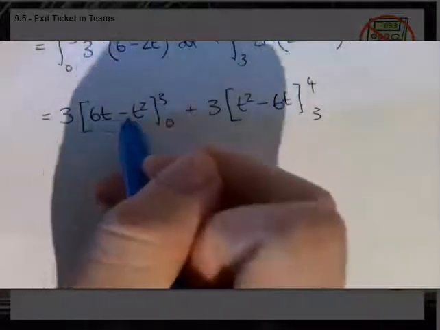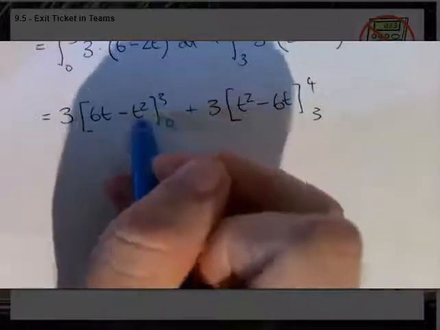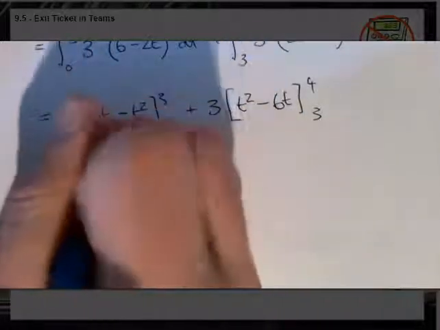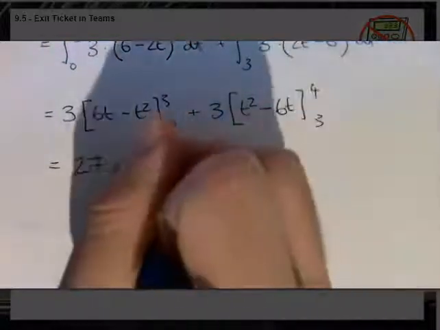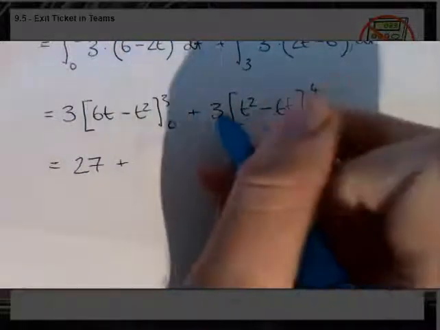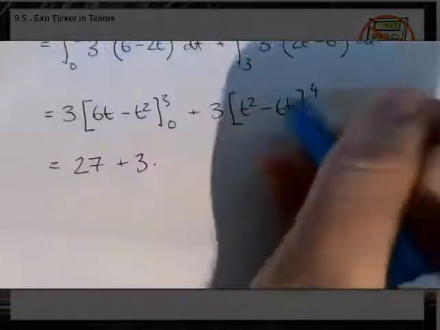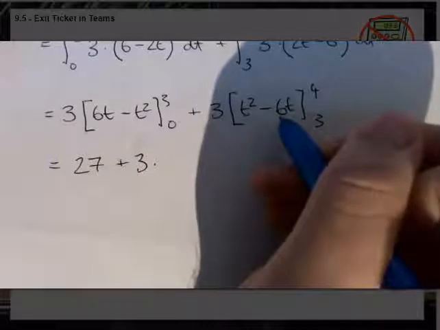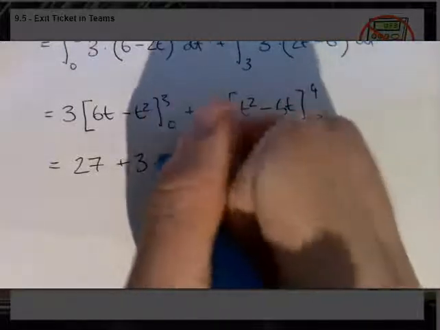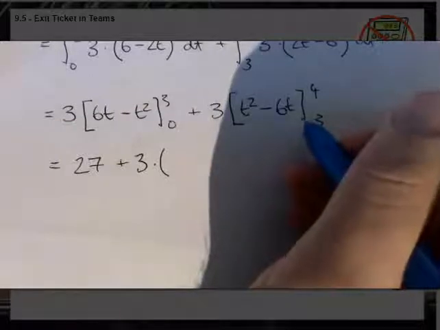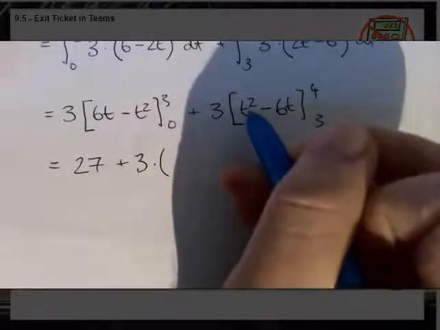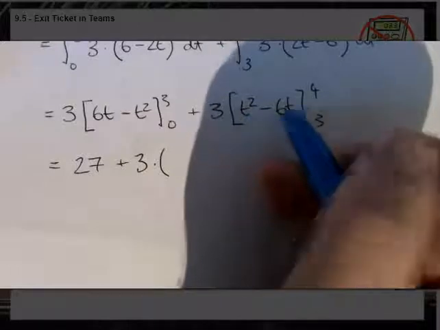Substituting in here, I get 18 minus 9, so that's 3 times 9, so that's 27. And then substituting in here, I get 3 times 16 minus 24. Is that right? 16 minus 24, so that's minus 8.